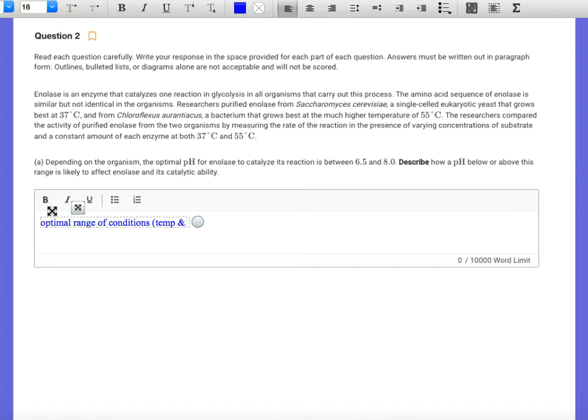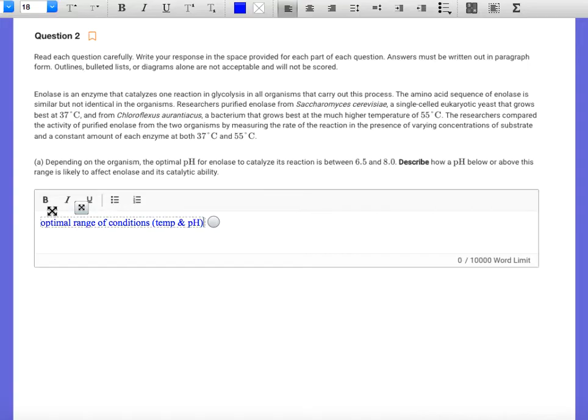And so you guys did a lab on this, where you had that yeast enzyme, and you saw how it catalyzed the decomposition of hydrogen peroxide in different conditions. Some of you did temperature or pH.